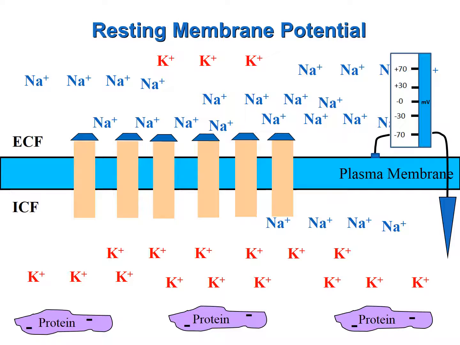Now let's say along comes some type of stimulus. Now remember, a stimulus is nothing more than a change. It can be a change in light intensity, it can be a change in temperature, it can be a change in many variables. The stimulus that can be detected by a particular neuron really depends on the nature of that neuron.